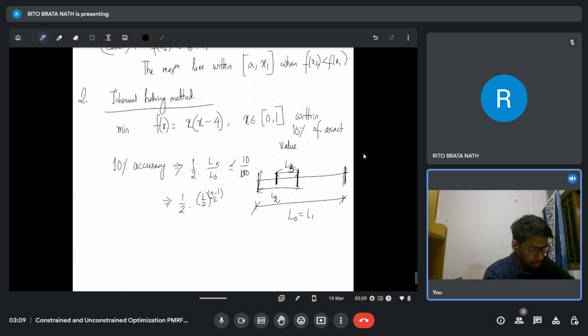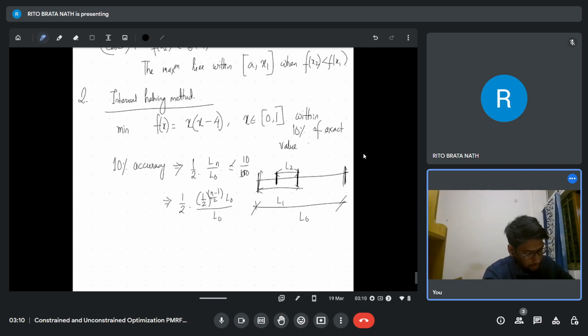When n is 2, it depends on how many points you are picking. Okay, I think I made one mistake. So when you're picking 3 points, this is exactly half. Then when you're evaluating at 5 points, that's different.